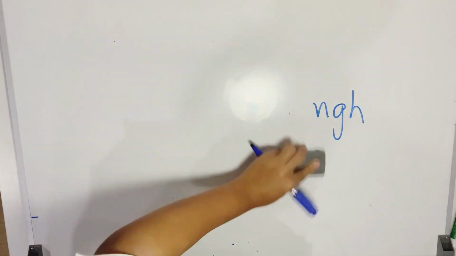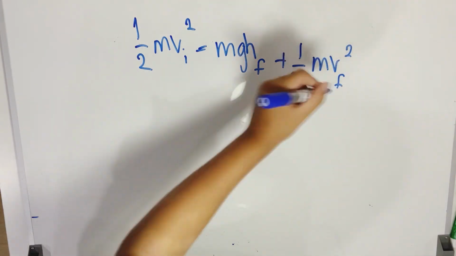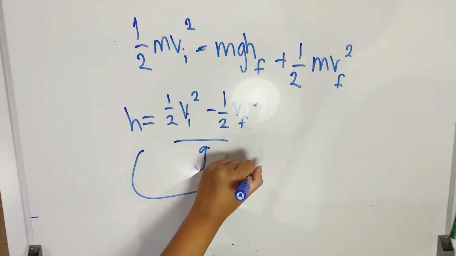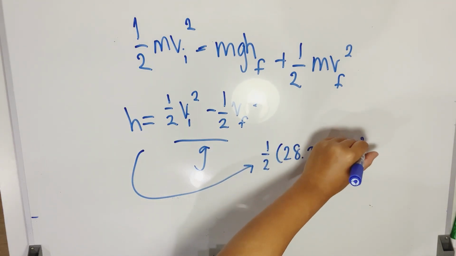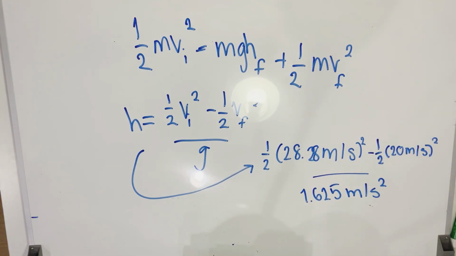So EM equals 1/2 mv squared plus mgh. Now we start solving for the gravitational potential energy, and then we write down 28.28, which is the total velocity, and divide by 1.625, and we get 123 meters.